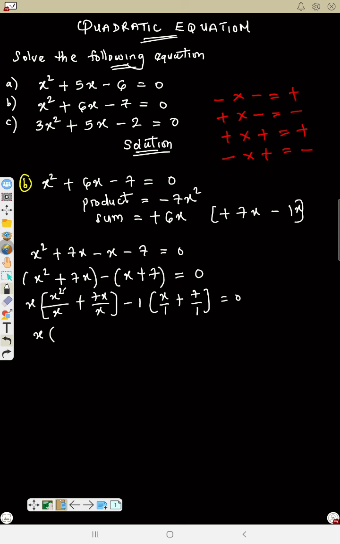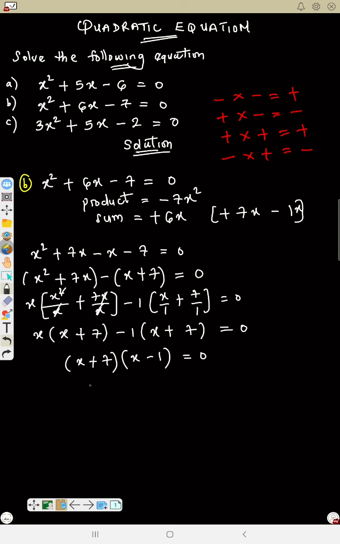So it remains s plus 7, minus 1, again s plus 7, equals 0. Now do you notice that they are the same? If they are the same, you take one, so this will be s plus 7 and the outside one will be s minus 1, equals 0.